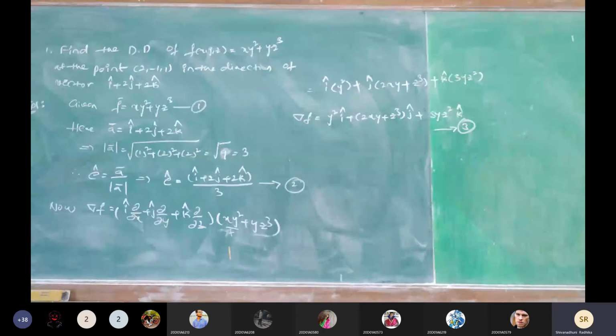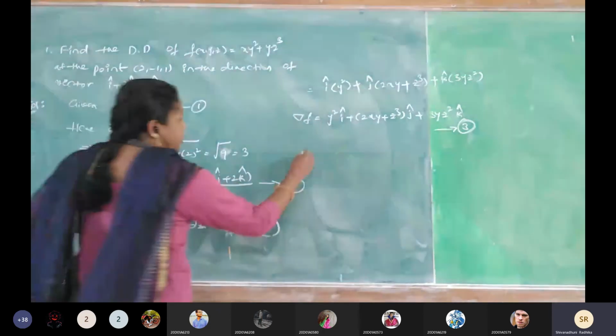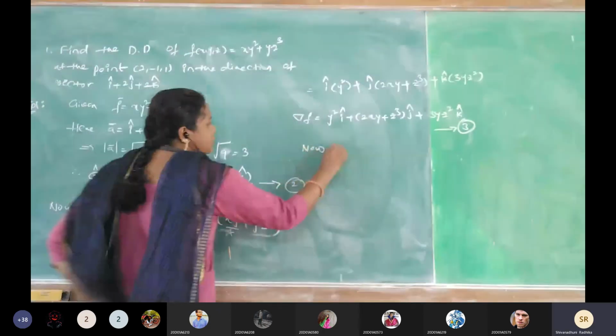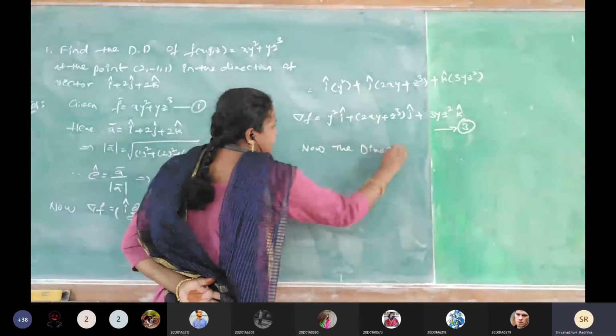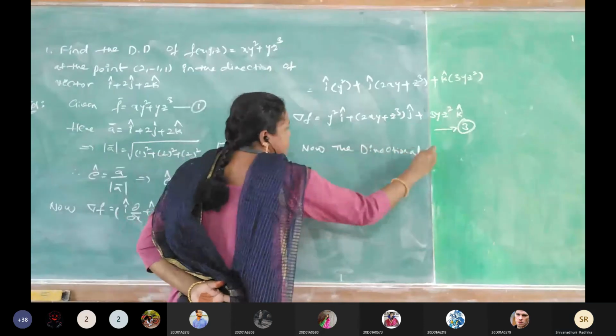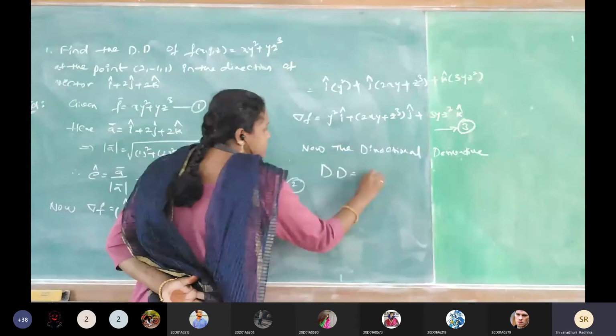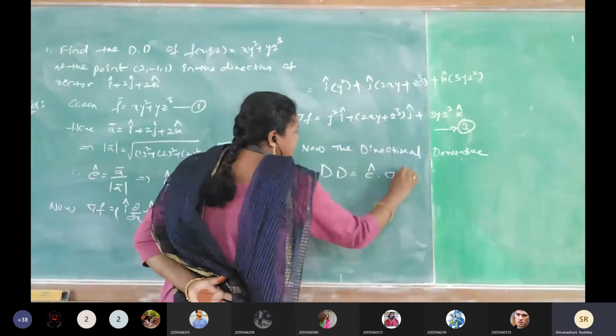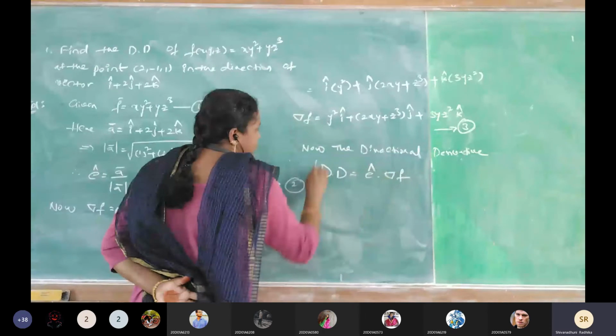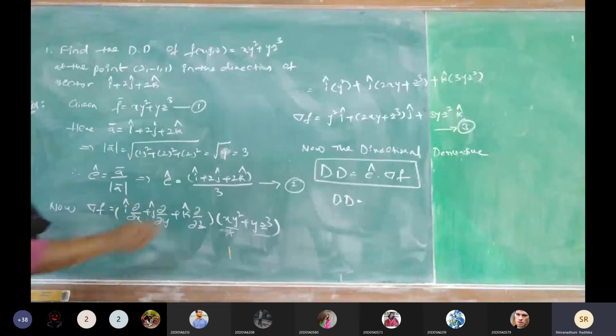Now, use the directional derivative formula. The directional derivative along B is equal to e dot del f, so that is equation number 2.